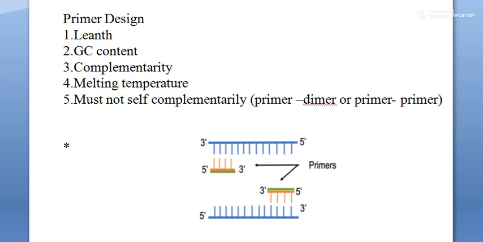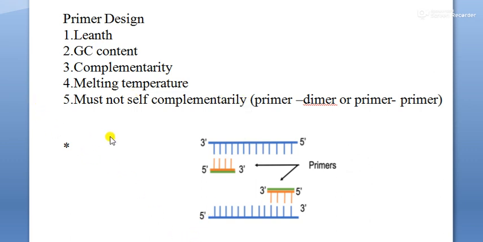Next, number 4, that is melting temperature. As I said before, more GC contents indicate it's necessary to use a high temperature to extend the DNA strand, right? So melting temperature is essential.